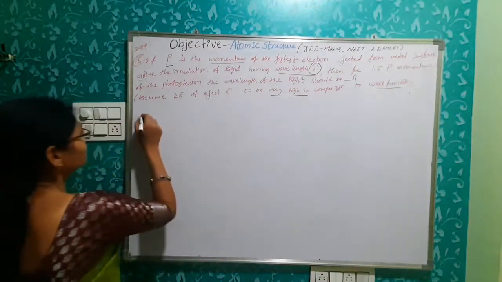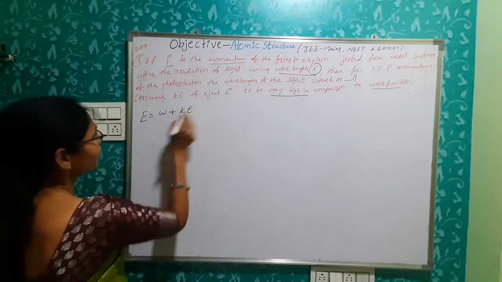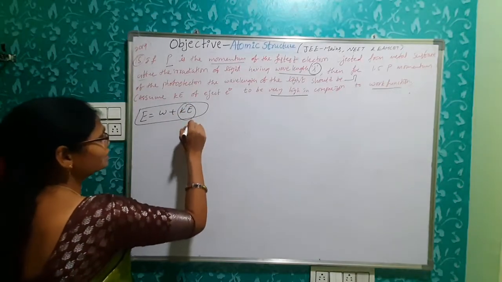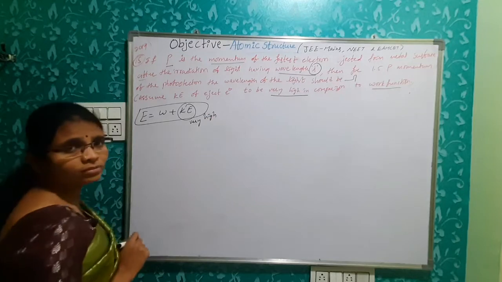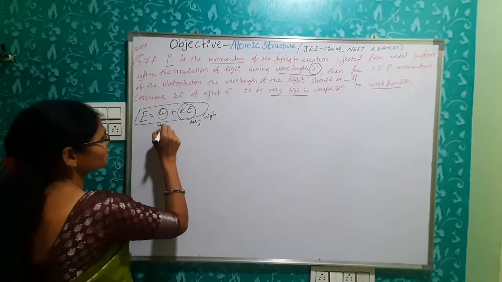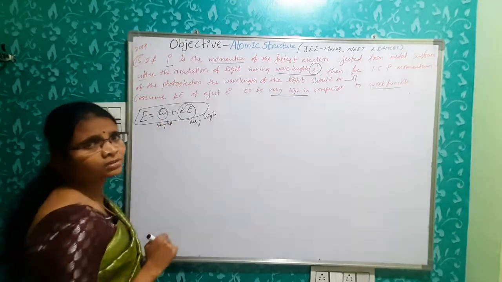Here E is equal to work function plus KE, no? Since the kinetic energy is very high when compared with the work function, this work function is very less. So that's why you have to ignore this work function.